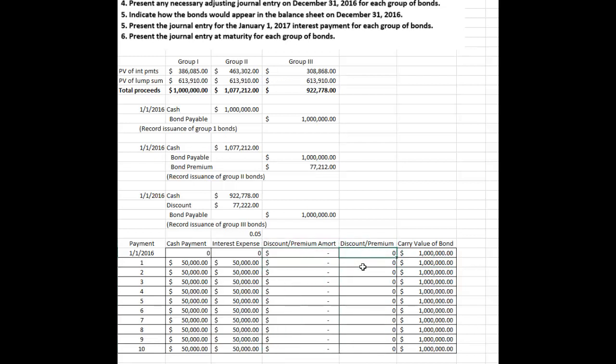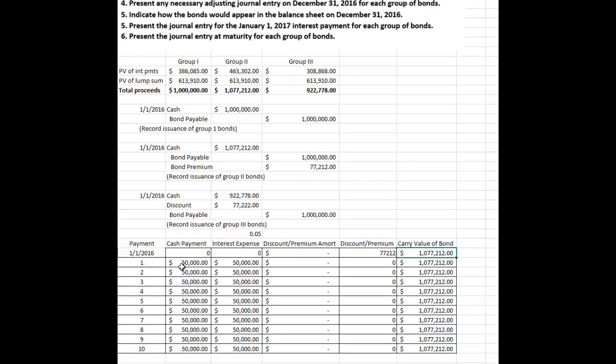This is the amount of the premium or the discount that we have yet to amortize. So the carrying value of the bond when we first issue it is $1,077,212. So the balance sheet would show a total bonds payable of this amount. These two accounts get netted together to show up on the balance sheet.